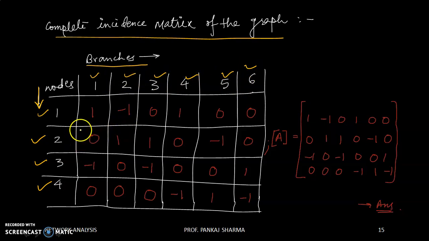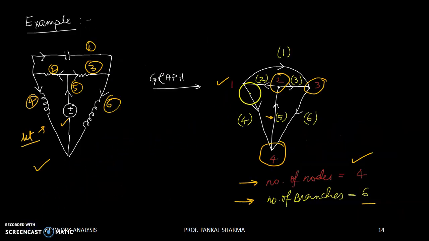So as per the definition, what is the position of branch 1 at node 1? See this graph. Branch 1 is leaving node 1. For the leaving, what was the definition?